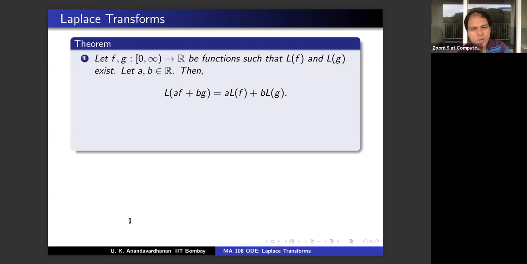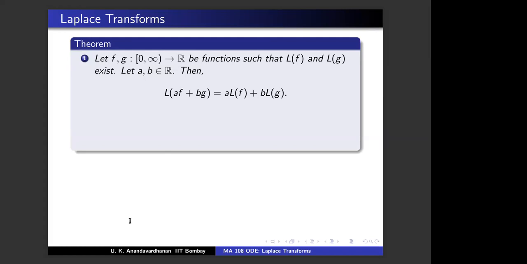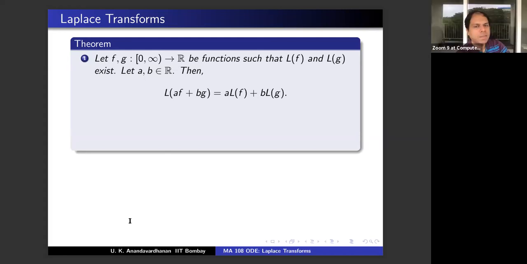Is there anything to be proved here? It's obvious, no? What about f into g? F into g is difficult. These are linear structures; af plus bg only I am saying. Is this proof clear? Yes, sir.